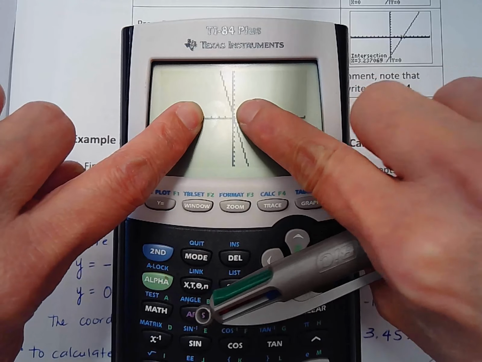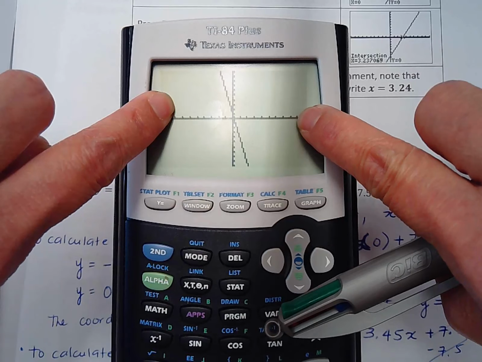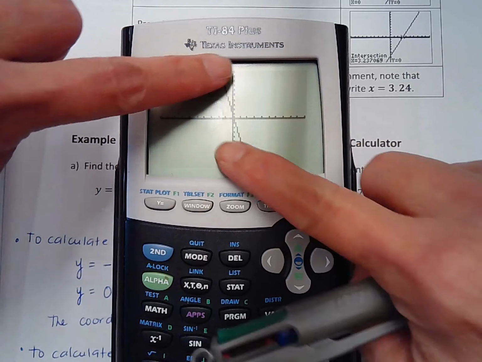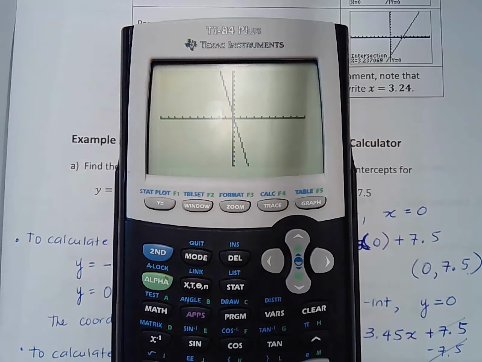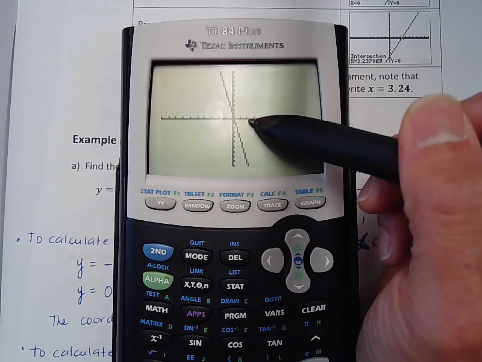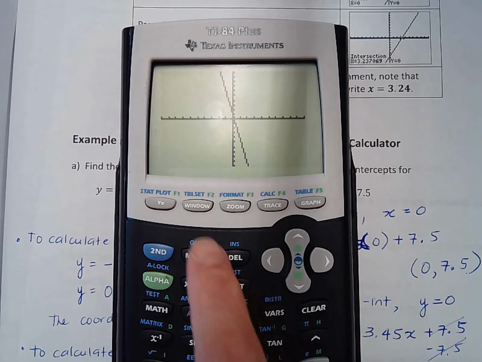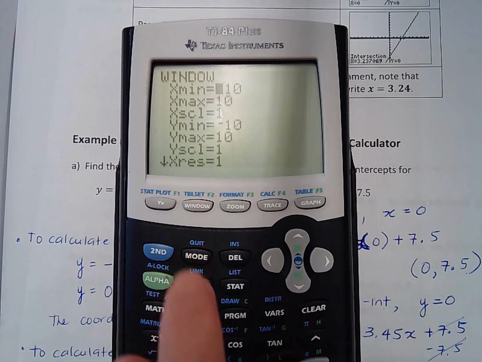We don't need this much x to see this point clearly, and we don't need this much y. So what we can do is zero in, make it close up, zoom in, by changing the window. So how do we change a window?